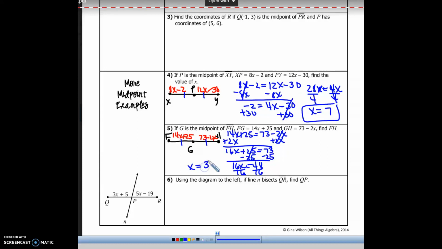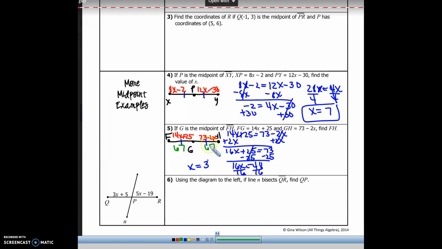So I know that x equals 3. Okay, now if I want to find FH, this whole distance, I have to plug it in. So all I'm going to do is plug in 14 times 3 plus 25. That means that this distance here is 67, and then 73 minus 6, this distance is 67.